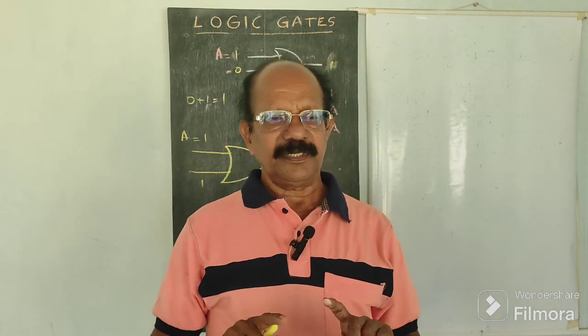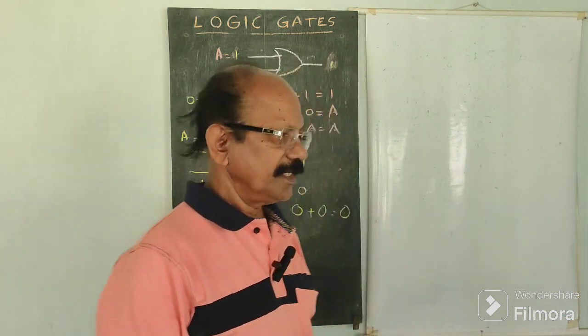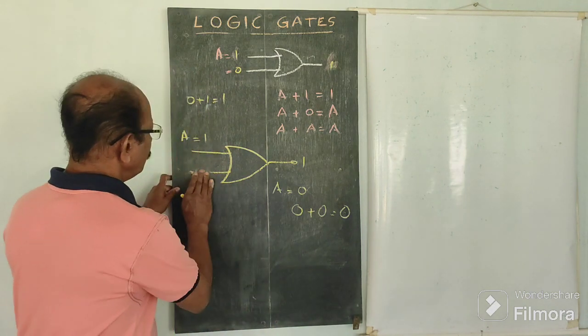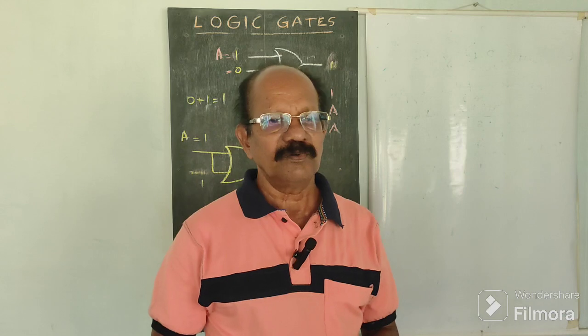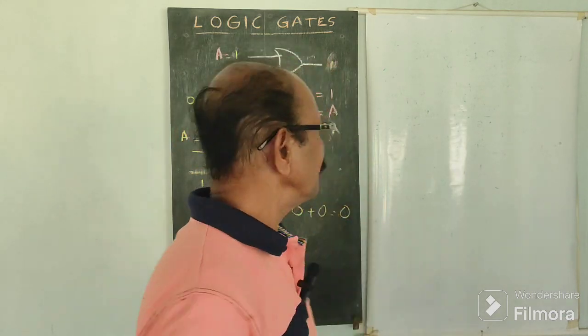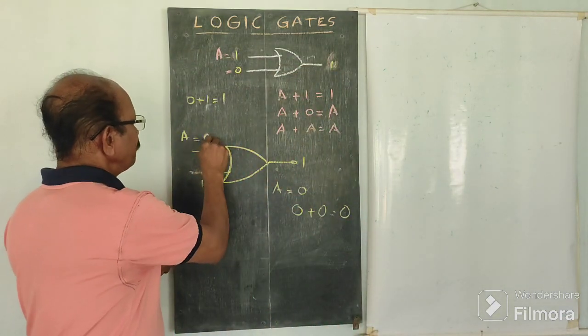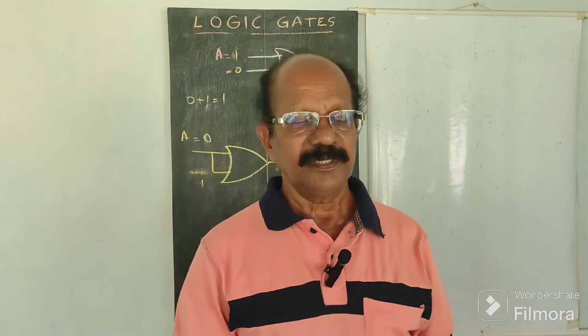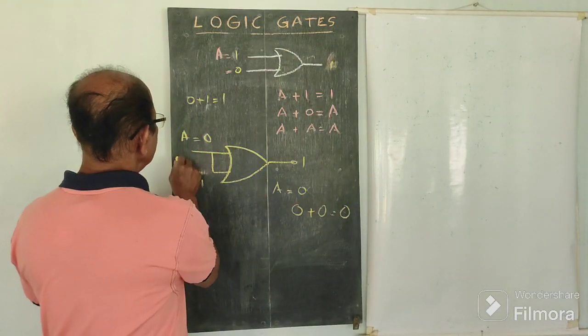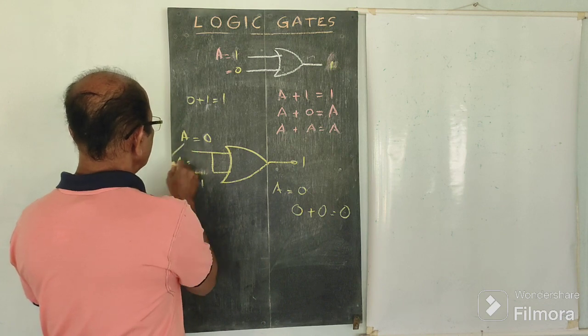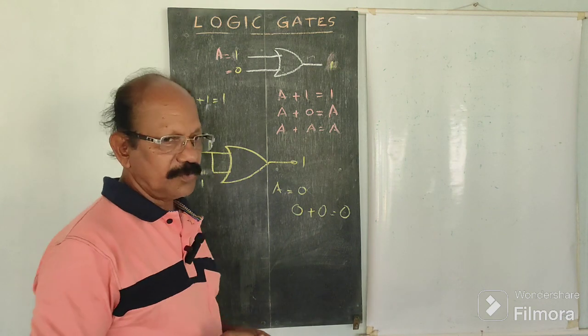Next, I am giving another concept. Now I am giving it like this, with only one input. In that case, when A is 0, what will be the output? In the other case, when A is equal to 1, what will be the output?